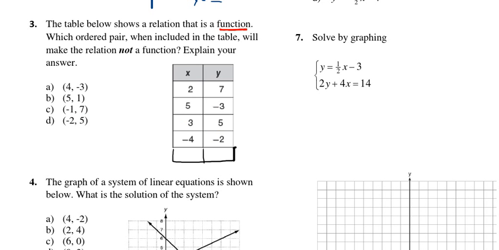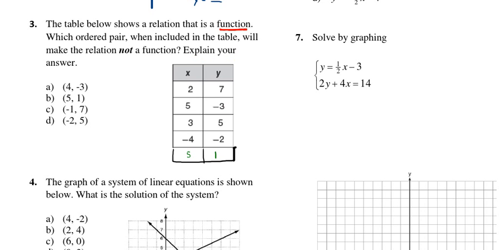And that would be (5, 1), because you already have a value of x equal to 5 here. So this would not be a function anymore because the value of x equal to 5 corresponds to different values of y.